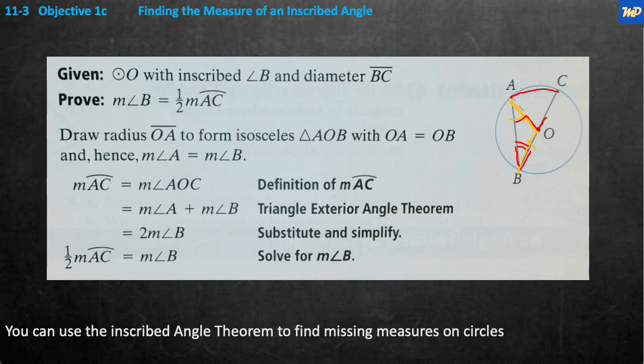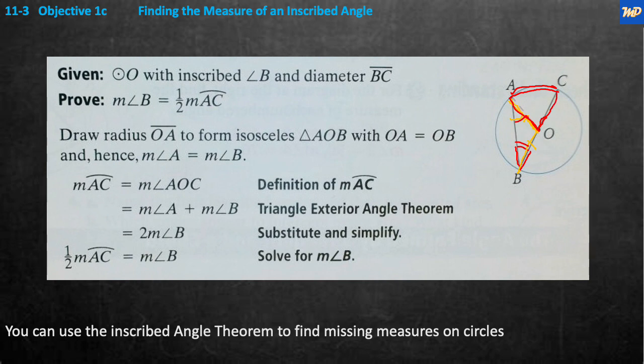This is all kind of almost given stuff. They're saying that the measure of arc AC, the one up on the top that we've been looking at, is equal to angle AOC.